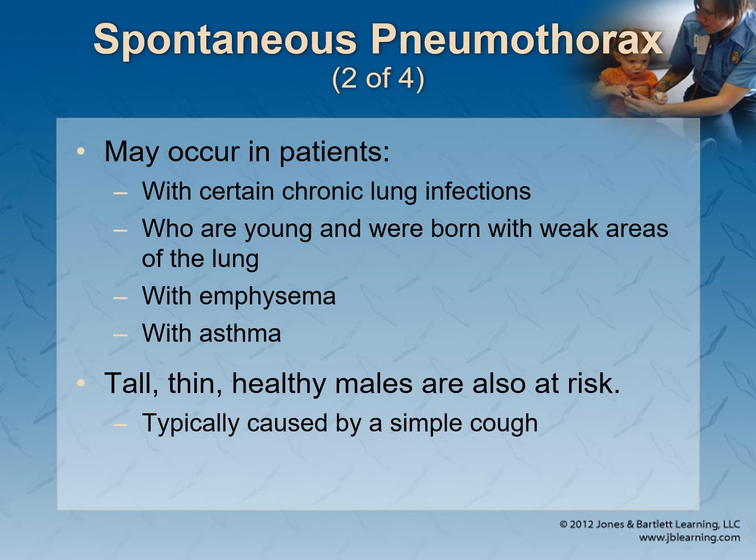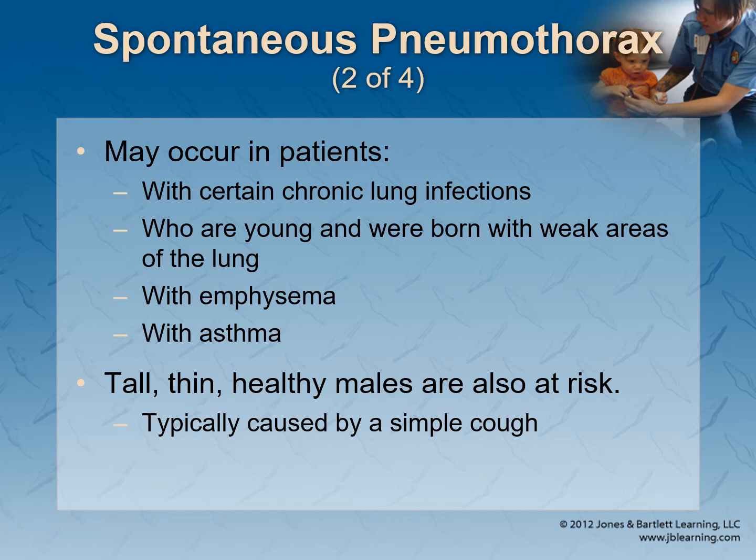Your other at-risk population are your really tall, really thin, typically male patients, and that's just sort of a surface area, volume issue. The pressure in the lung versus its surface area predisposes them to end up with a space in between their lung and their chest wall. And if there's damage to the lung, you'll get air accumulating in that space.